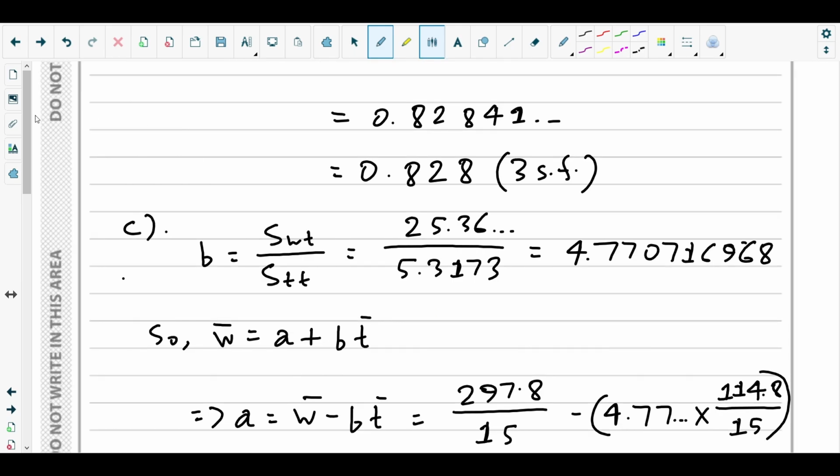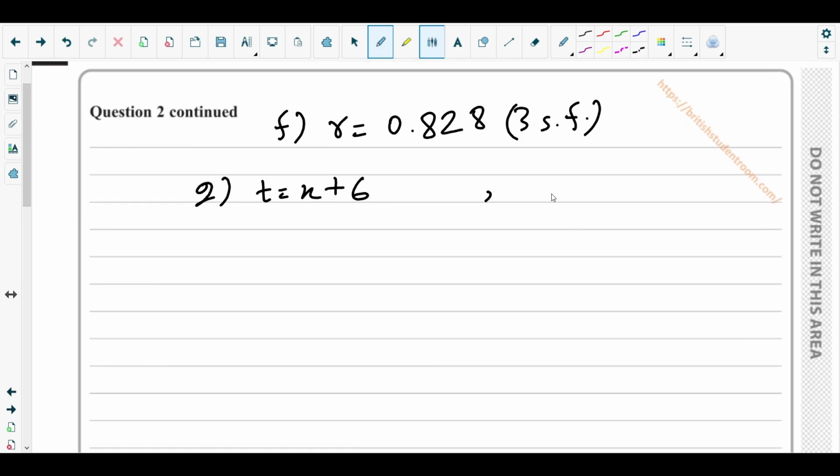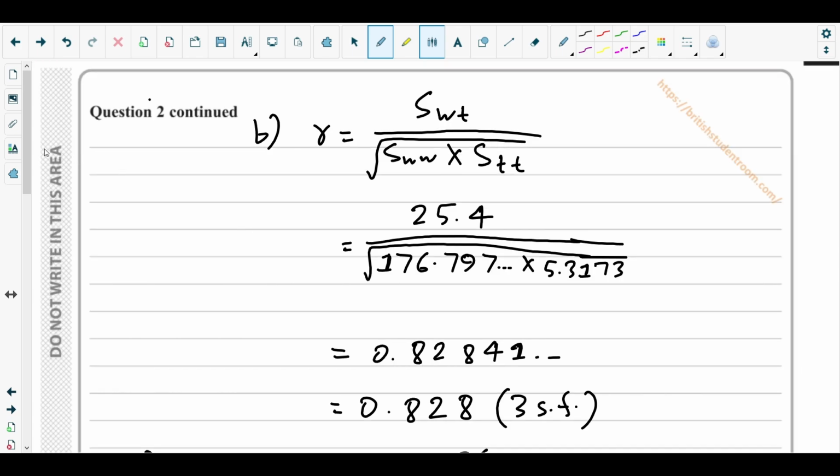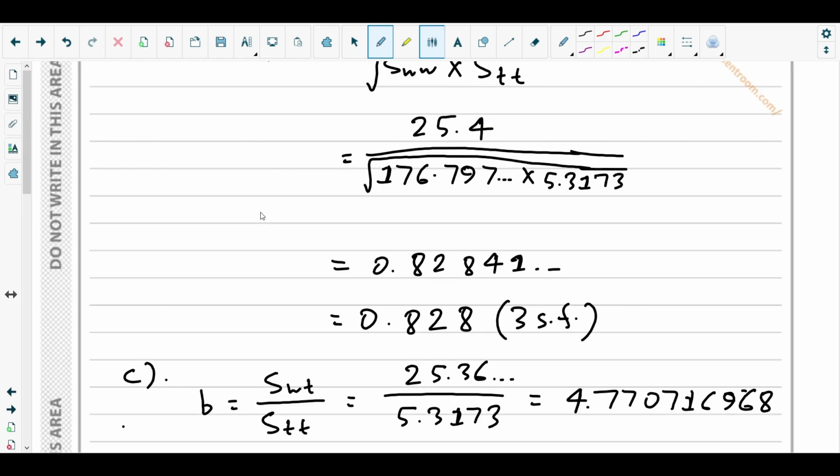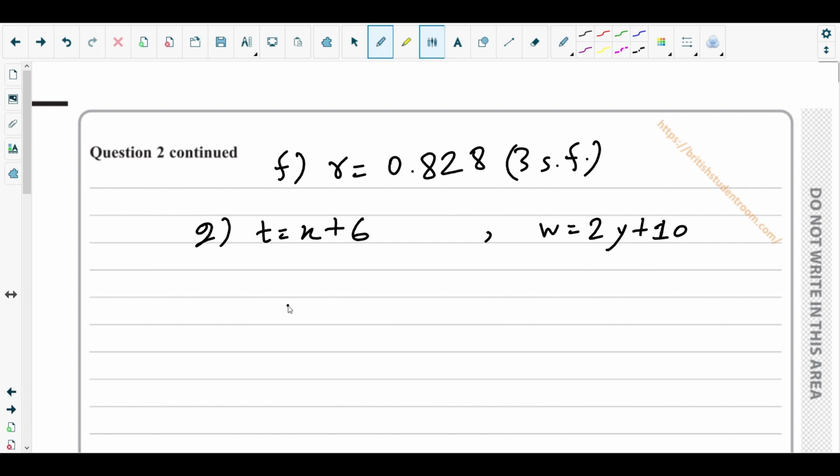So w equals 2y plus 10. Now we need to just substitute the two codes into the regression line equation. So this is negative 16.7 plus 4.77t, and in place of w it would be 2y plus 10.